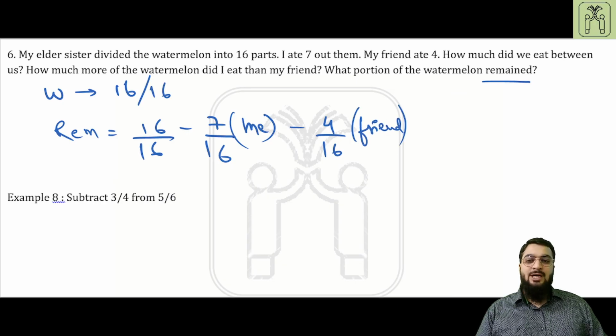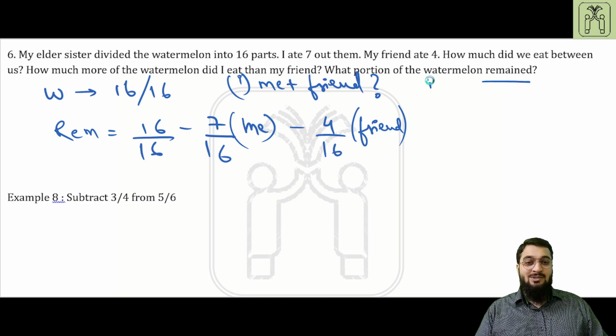How much did we eat between us? That is one question. That is, it wants the summation of both. That is, me plus friend is required. That is the first question. Second is, how much more of the watermelon did I eat than my friend?